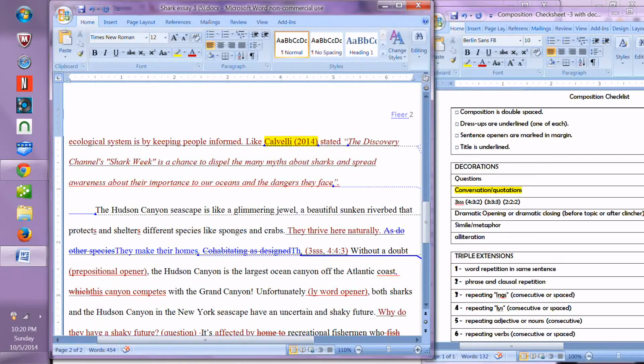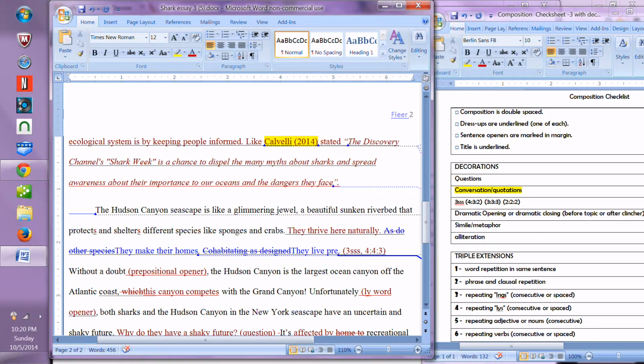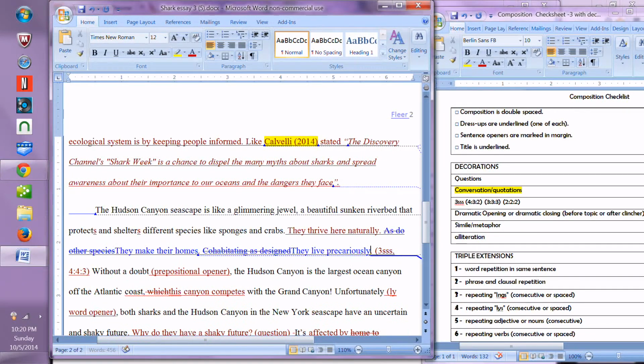They live precariously. They thrive here naturally. They make their homes. They live precariously. That would work. And if I had a little more time, I might come up with some better ones. But we still need a noun and a verb in each of those sentences.